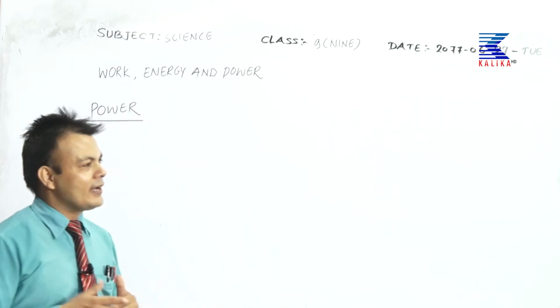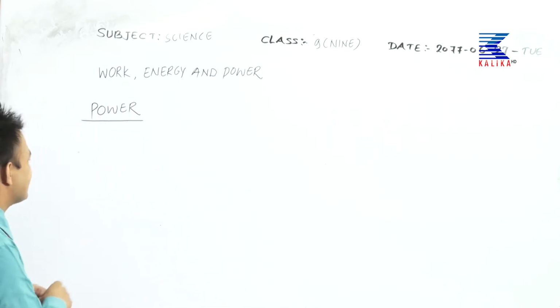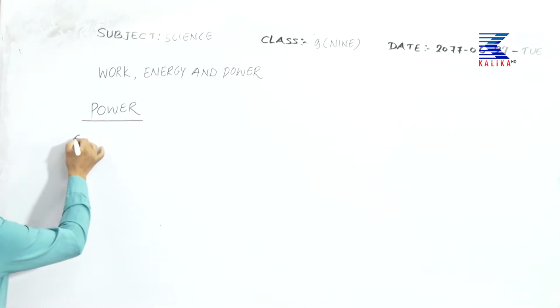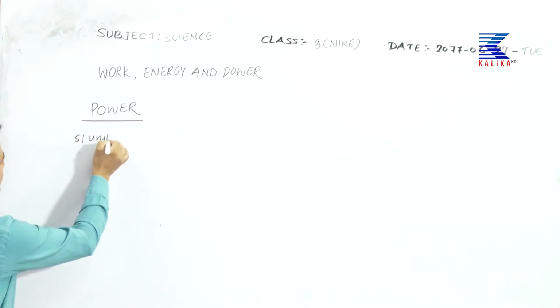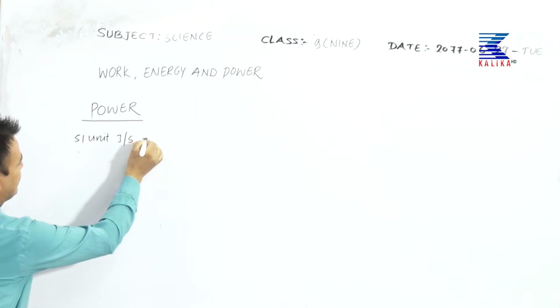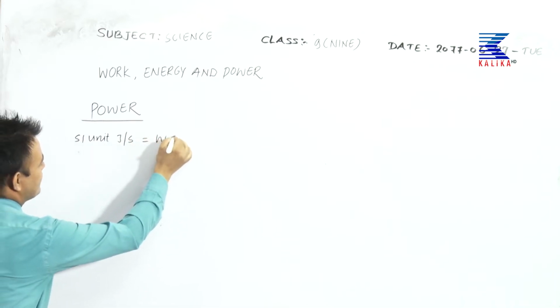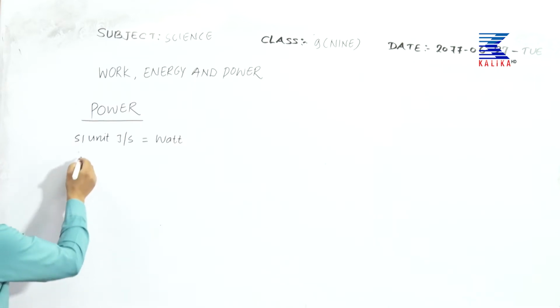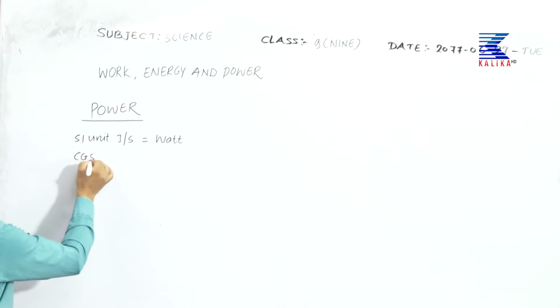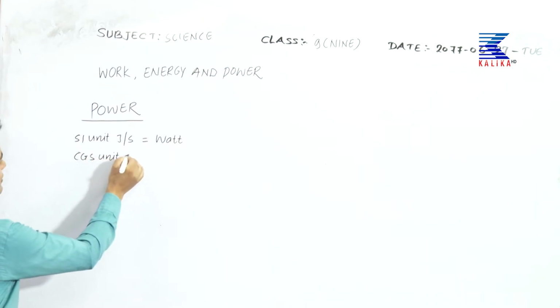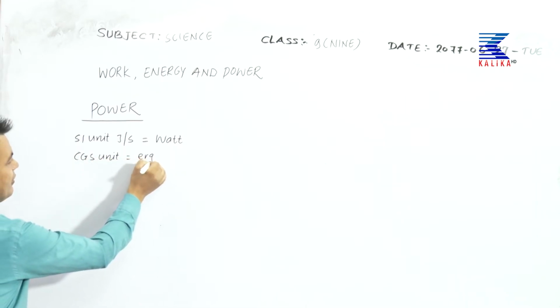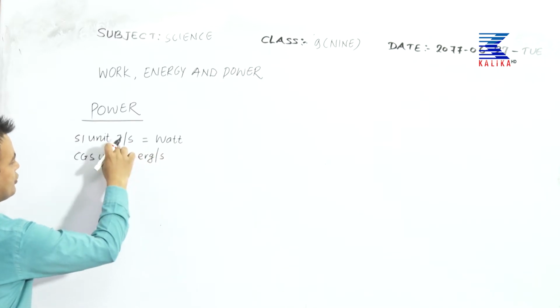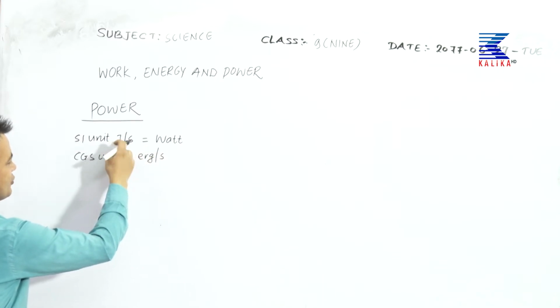Well, the SI unit of power is joule per second. That is called watt, after the name of James Watt. And its CGS unit is erg per second, because the CGS unit of joule is erg.